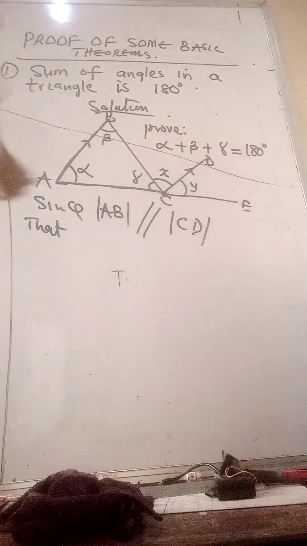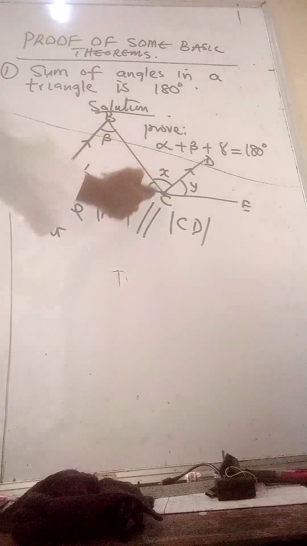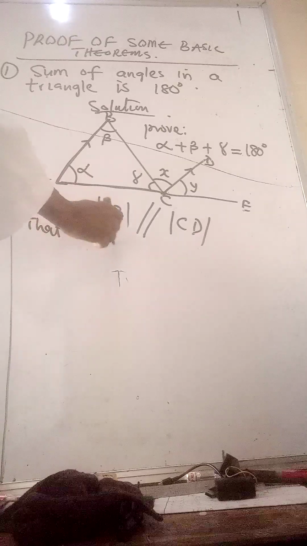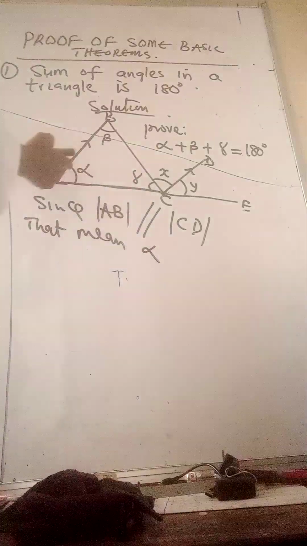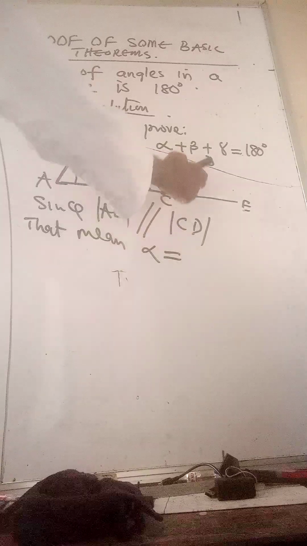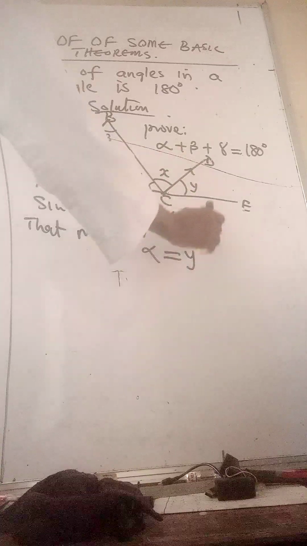Okay, since line AB and line CD are parallel, that means that alpha, which is this angle, is equal to Y. For what reason?